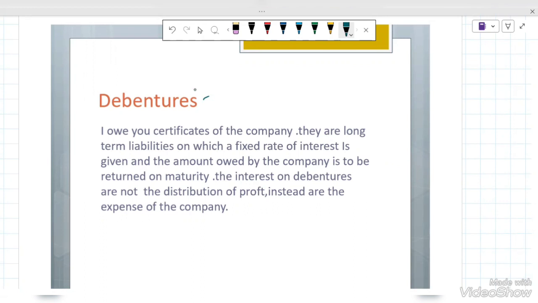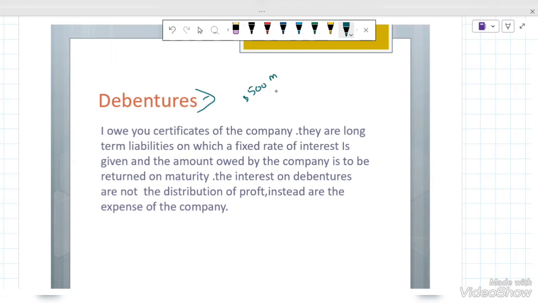Debenture is also the same, but it is a kind of certificate, and it is a long-term liability, on which you have to pay a fixed rate of interest on the given amount. For example, you will take out 500 million from the debentures.